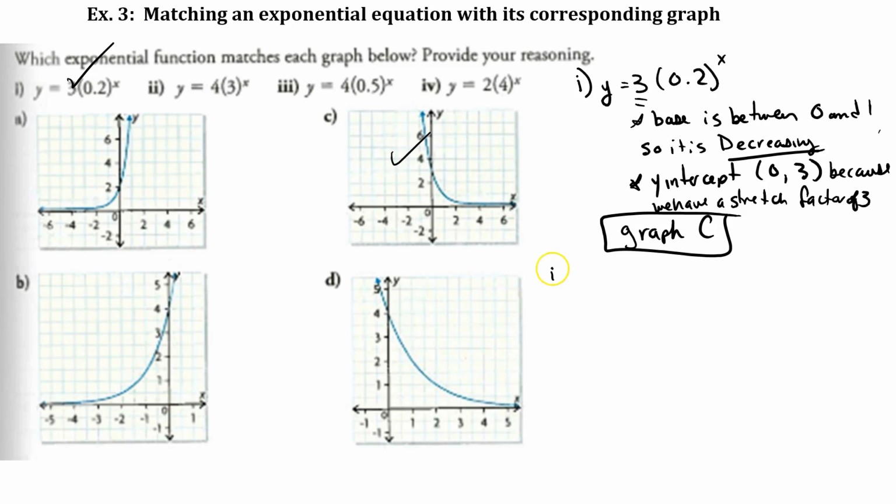What about graph 2? Y equals 4 times 3 to the power of x. So we have increasing because the base is 3, which is greater than 1.